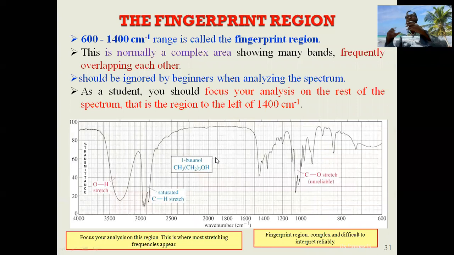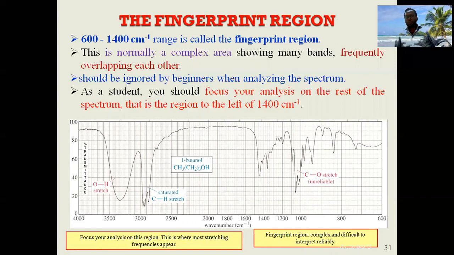The other part is the fingerprint region. The entire IR spectrum can be used as a fingerprint for the purpose of comparing molecules. The range from around 600 up to 1,400 inverse centimeters is known as the fingerprint region. It is a complex area with overlapping bands, so it is difficult to interpret for a beginner.